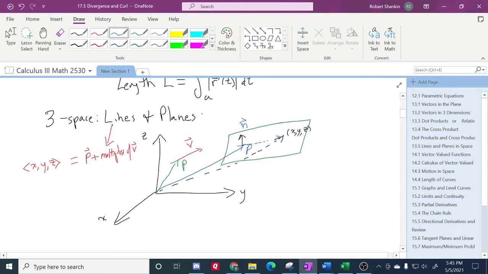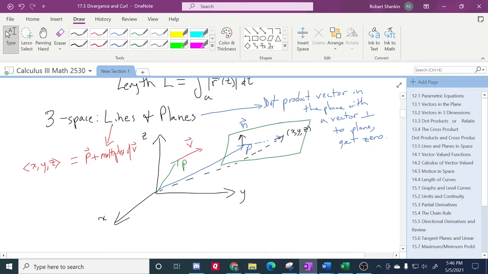So this is the dot product of a vector in the plane with a vector perpendicular to the plane. And then you get 0. That's how you come up with the equation of a plane.